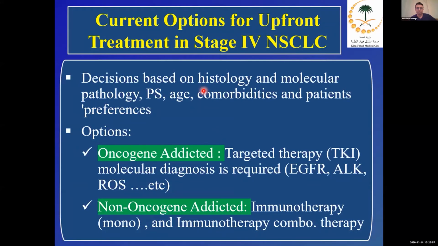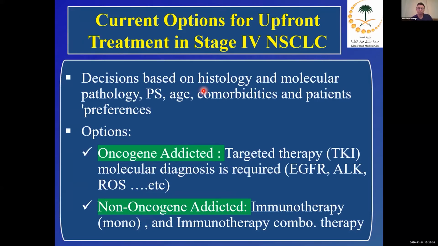When we treat a patient for the first time as a clinician, we look at a number of molecular and pathological factors, as described earlier by Dr. Turki, as well as clinical factors, such as performance status. Based on that, we classify patients into oncogene-addicted tumors, where we have options focused on specific target mutations such as EGFR, ALK or ROS1.